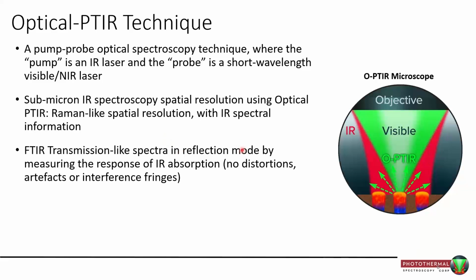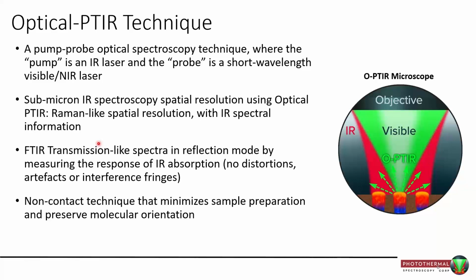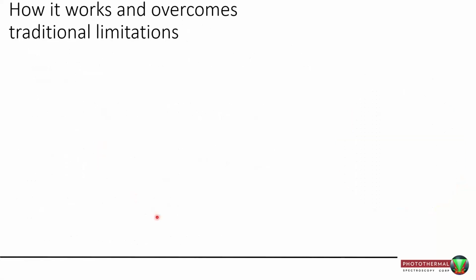It's point and shoot. But unlike regular FTIR, where in reflection mode you end up with all sorts of distortions, reflection mode with OPTIR gives you spectra that look just like regular FTIR spectra collected in transmission or ATR mode. It's non-contact, it's far field, and the spatial resolution is wavelength independent.